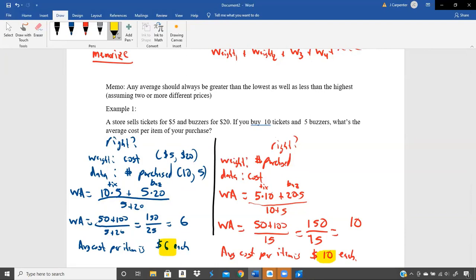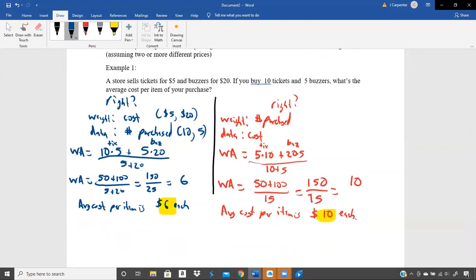So yeah, we bought 10 tickets at $5 per, but we also bought 5 buzzers at $20 each. So the answer shouldn't be too close to either of these because we got a pretty decent spread of the items. It only favors the tickets 2 to 1, but the buzzer price is significantly more than the ticket price. So these 5 buzzers at $20 each should bring up the average more than just $1. This seems too low.